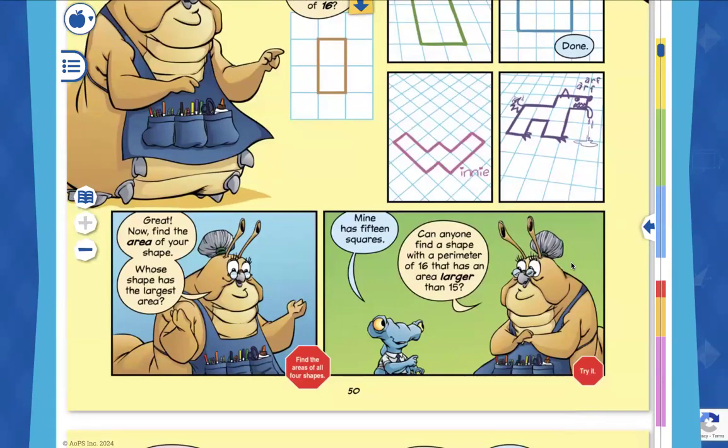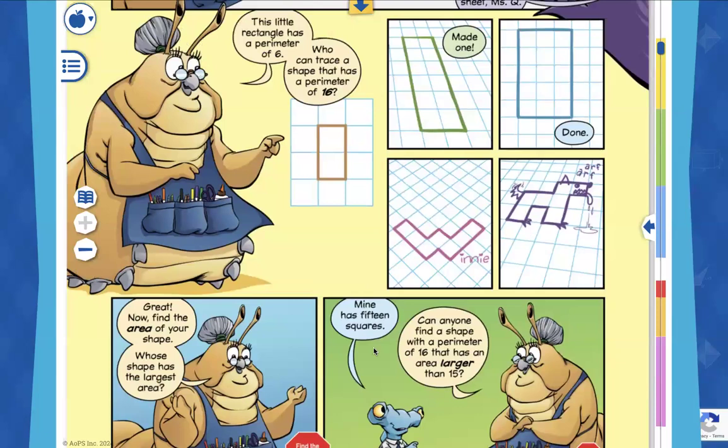Now find the area of your shape. Whose shape has the largest area? Alex, go ahead. Mine has 15 squares. Can anyone find a shape with the perimeter of 16 that has an area larger than 15?